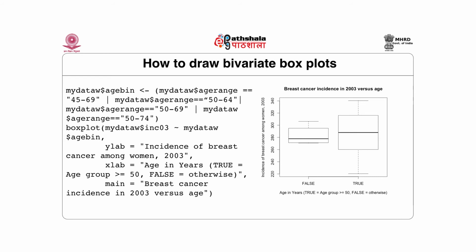Here, in order to do this, I have divided the age into groups. I've converted the age into a binary variable. That binary variable is based on the ages at which countries started screening women using screening mammography: 45 to 69, 50 to 64, 50 to 69, 50 to 74.